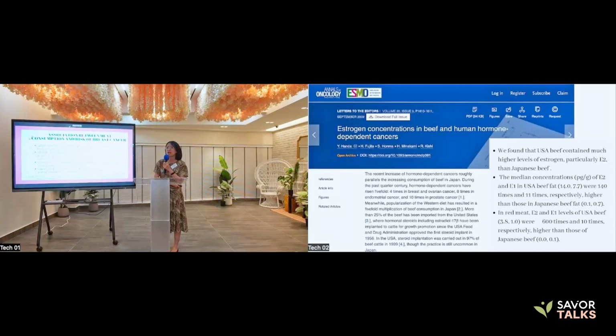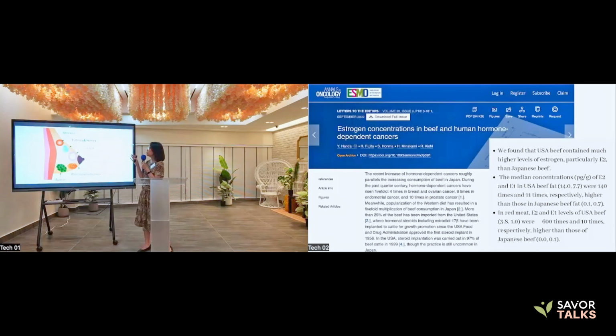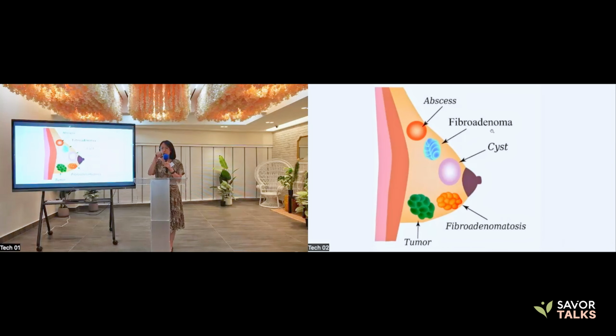Here we have the different kinds of breast disease. The first one is abscess. What abscess means is an infection in a well-defined part of the breast.